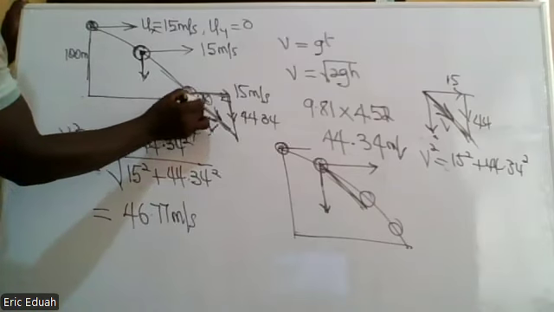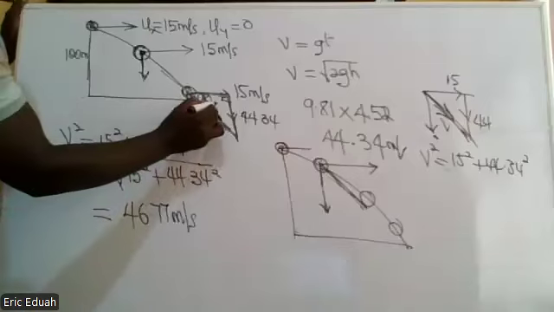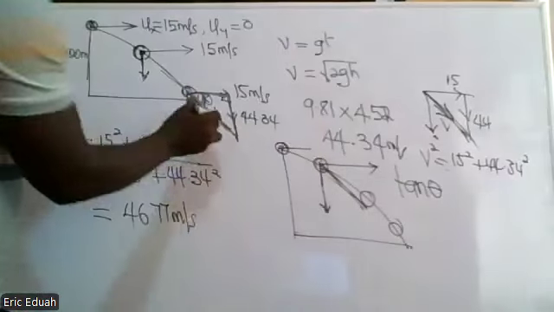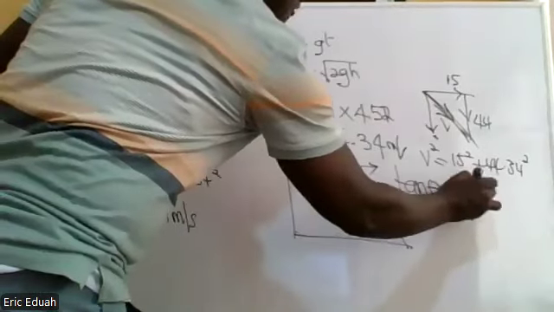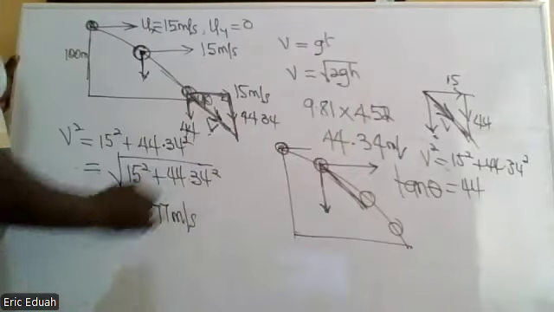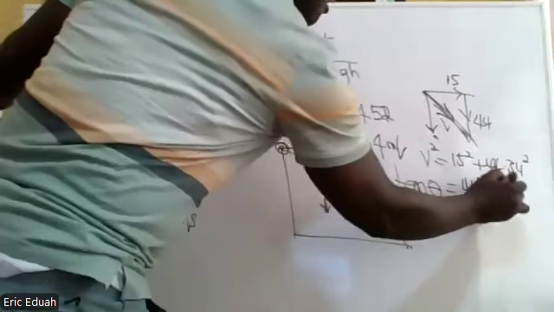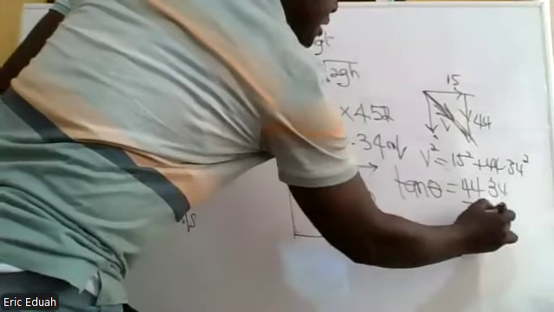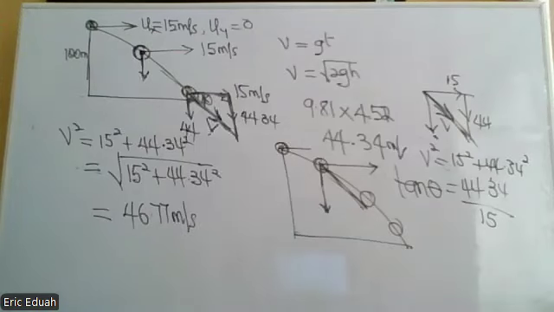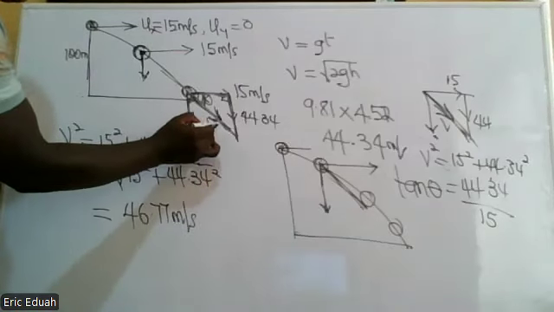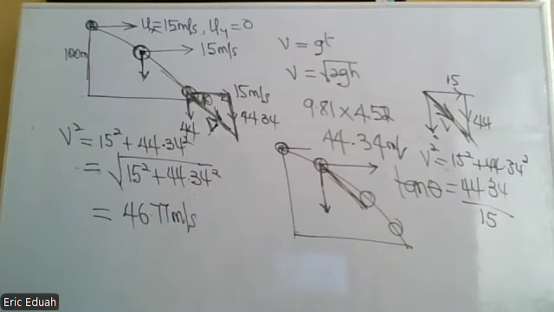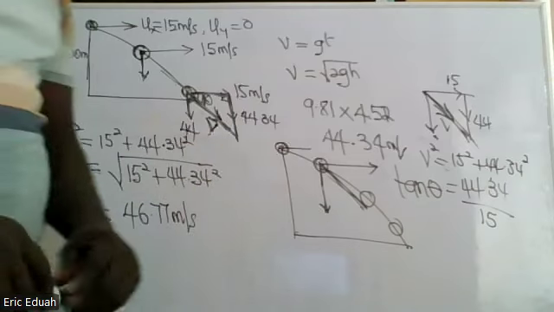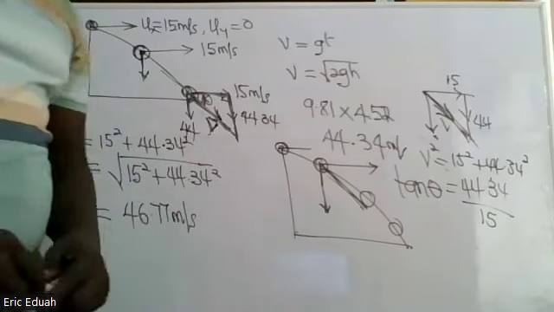Once the question is about this angle and you have the opposite and the adjacent, if you take the tangent of that angle, it will be the opposite, which is 44.34, over the adjacent, which is the constant horizontal velocity of 15. Once you also know V, you can use sine and cosine to determine the angle, and the results will be the same as with tan. So that's it.